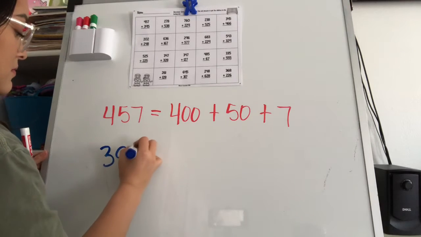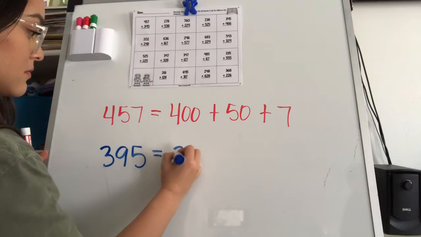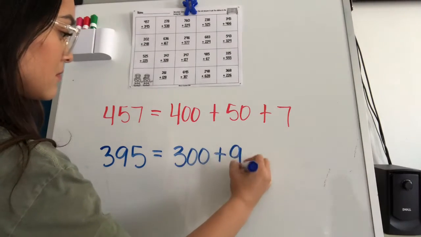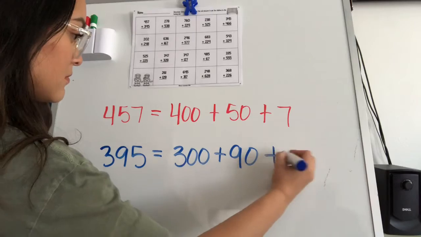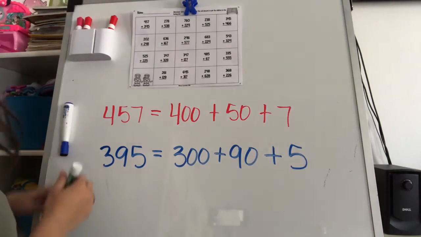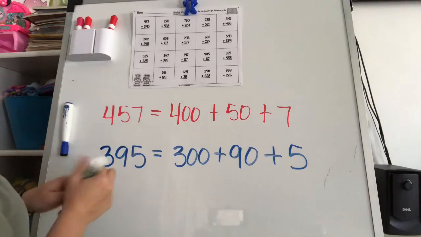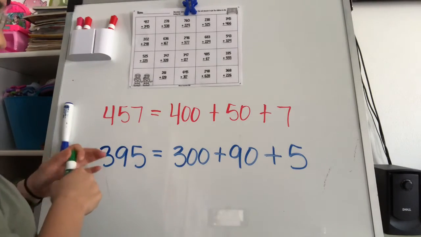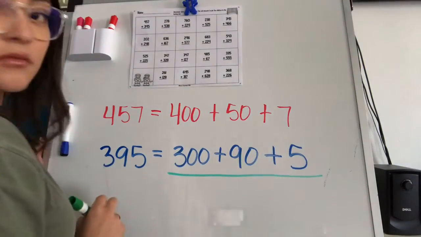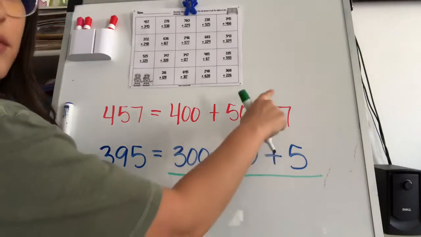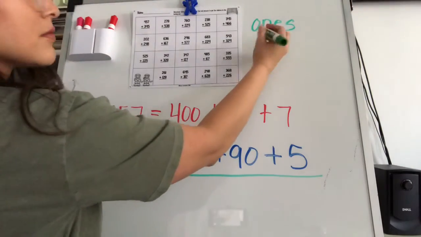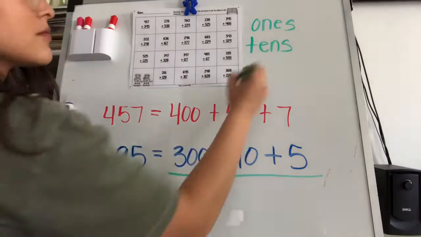In the number 395, we see 300 plus 90 plus 5. Now that we've converted them into expanded form, we need to add them together. We're going to start in the ones place. We always add the ones place, then the tens place, and then the hundreds place.